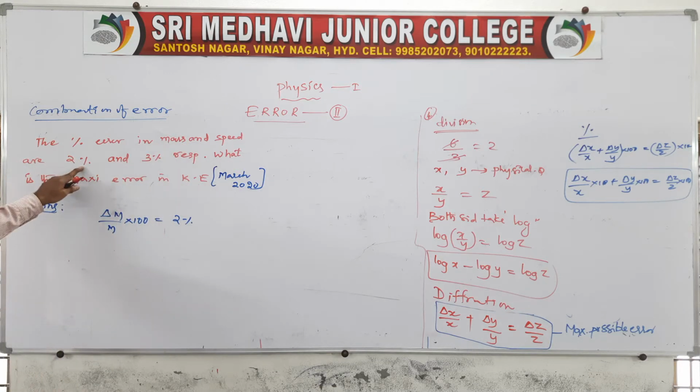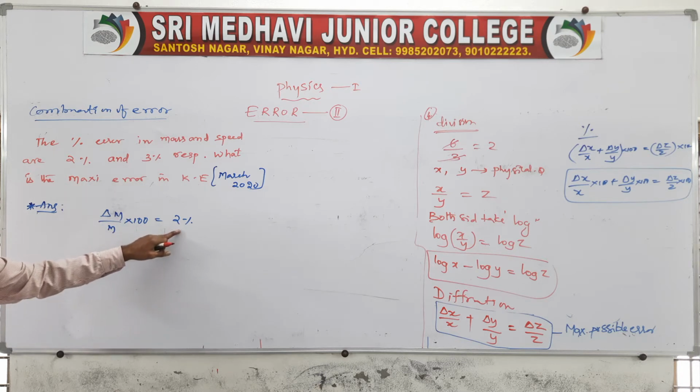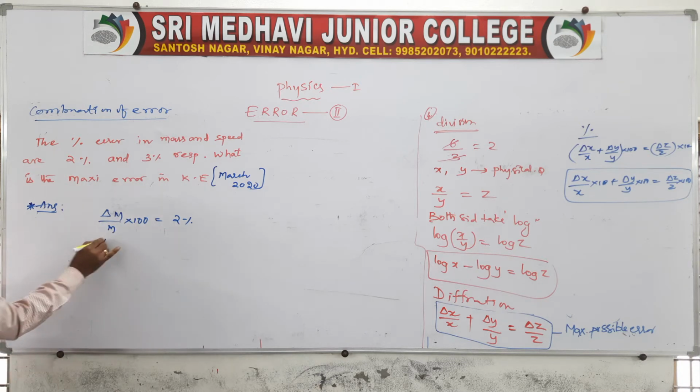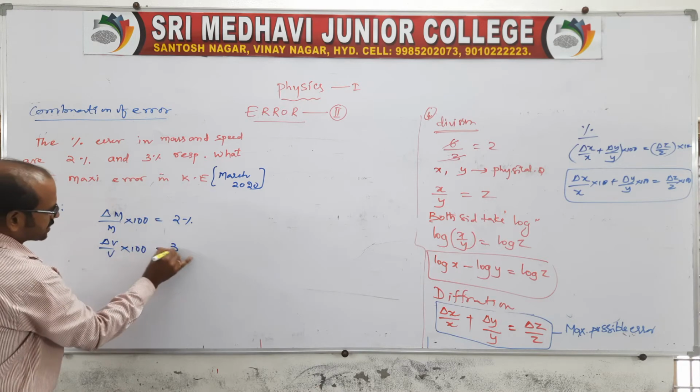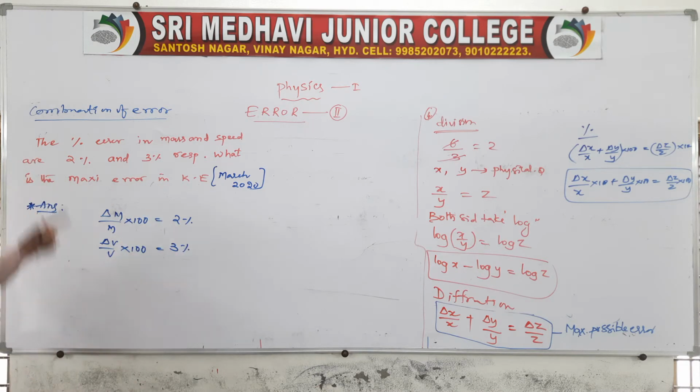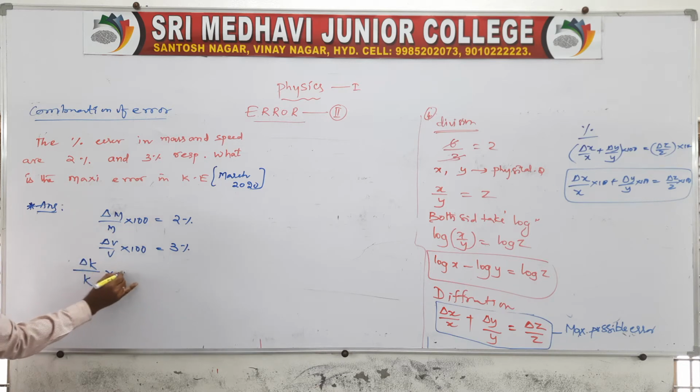Like speed, delta v by v into 100 is given as 3%. This is the given information. What is asked is the maximum error in the kinetic energy, delta k by k into 100.